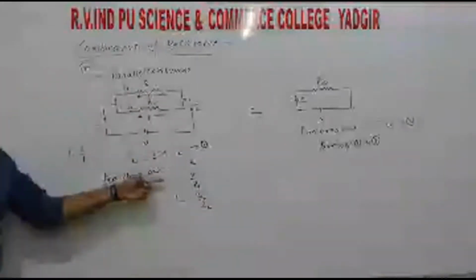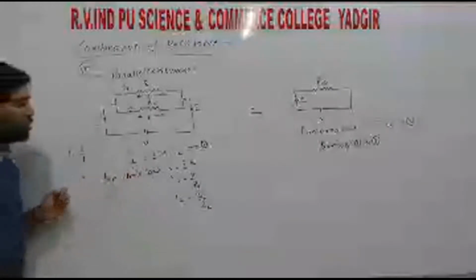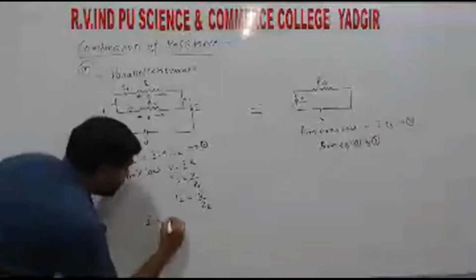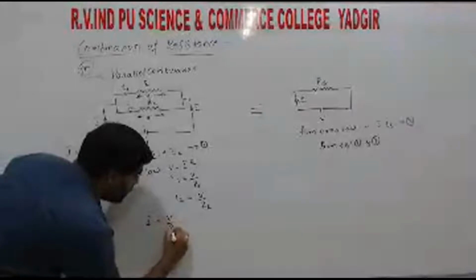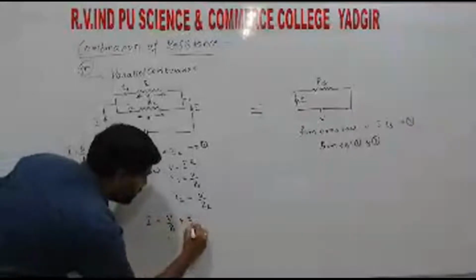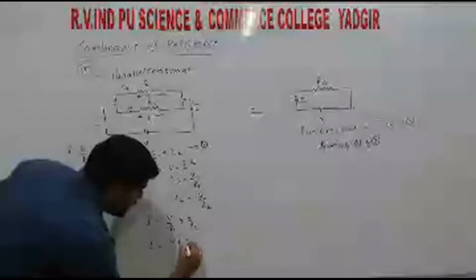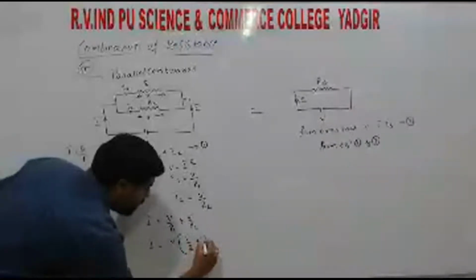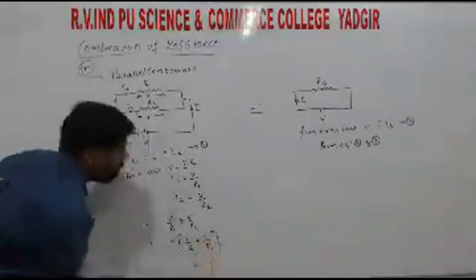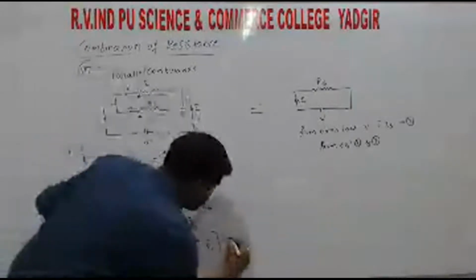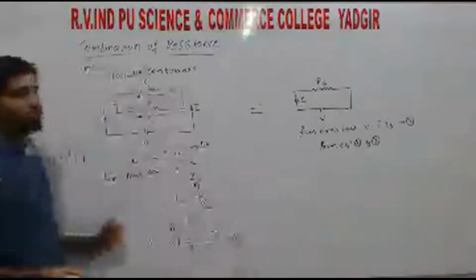Now substitute the values of current I1 and I2 into I, right? So I is equals to V by R1 plus V by R2. So I is equals to V taken common, 1 divided by R1 plus 1 divided by R2. So calling this one as equation 2.